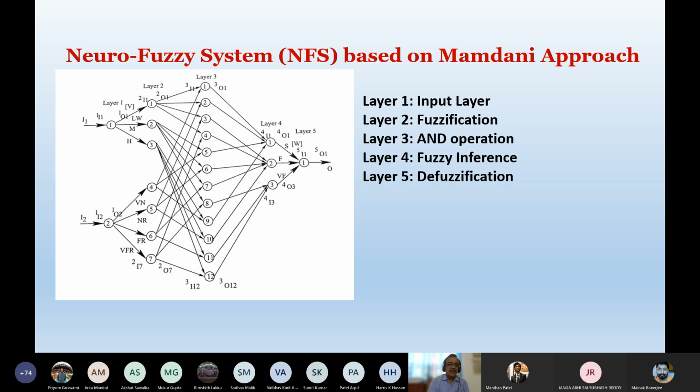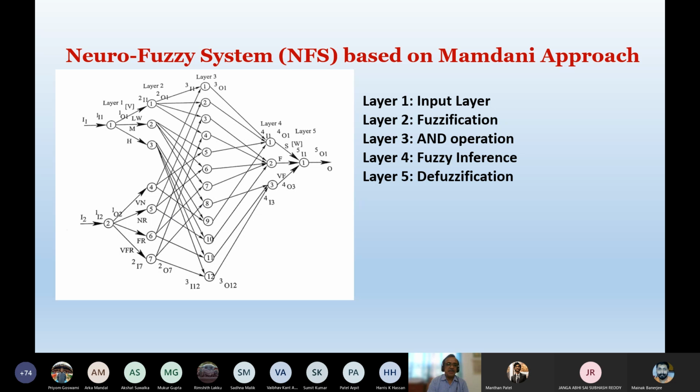So we pass the two inputs I1 and I2 through the input layer, and on the input layer we use a linear transfer function, so the output is nothing but the input.